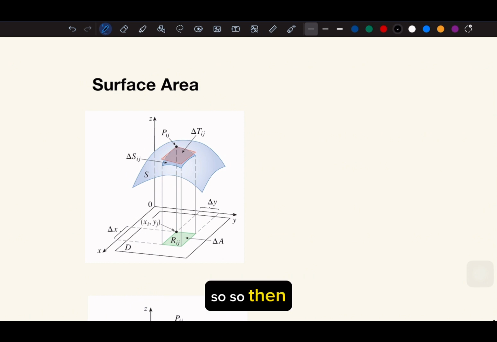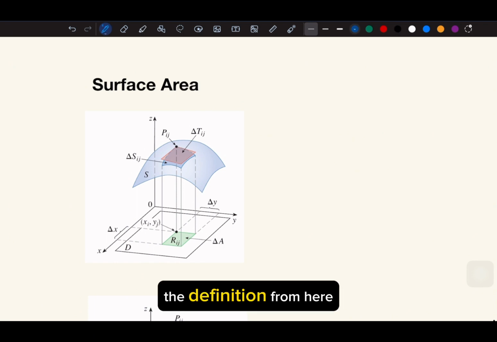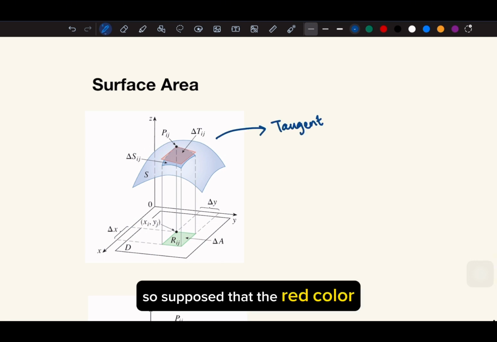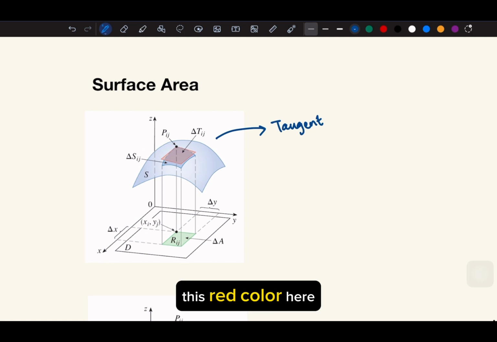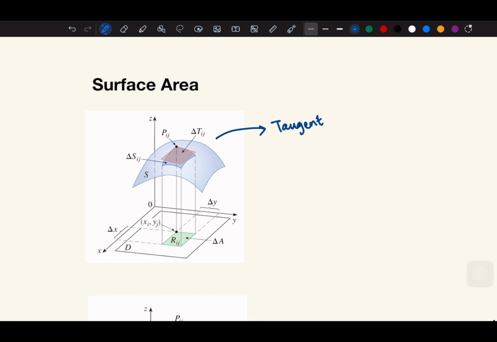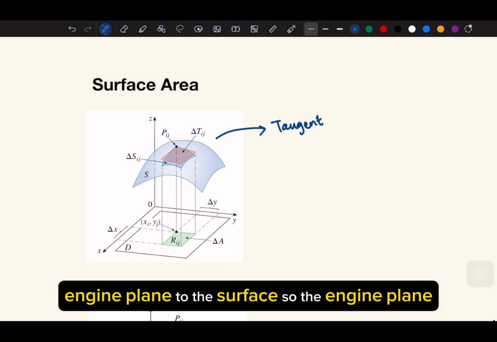Then, from the definition, we can say that the red one here is the tangent plane to the surface.